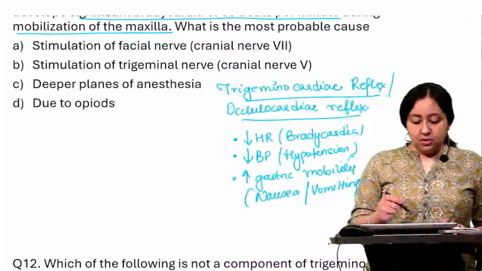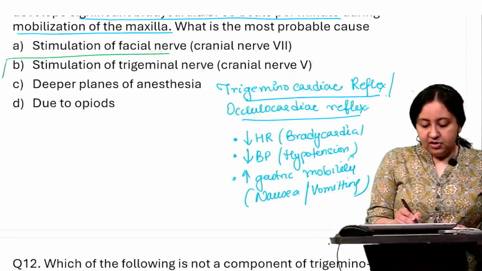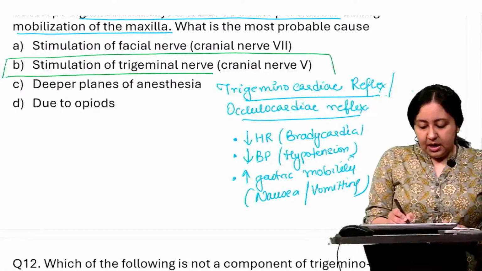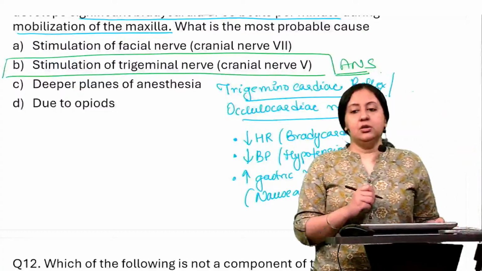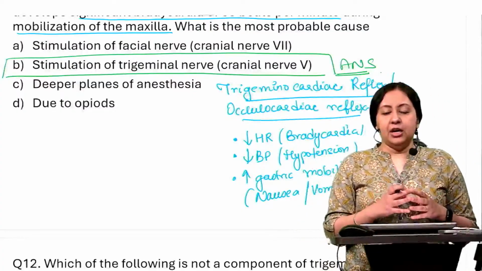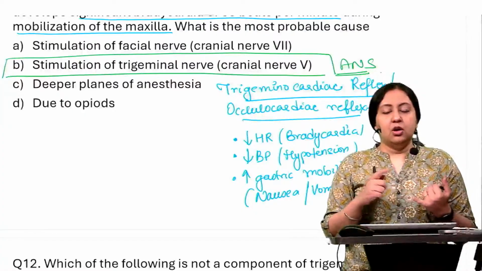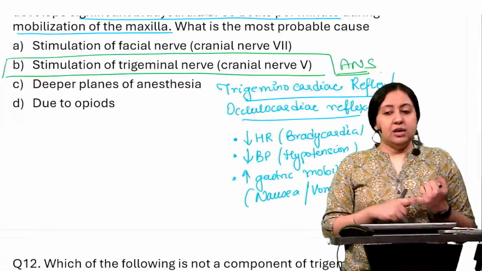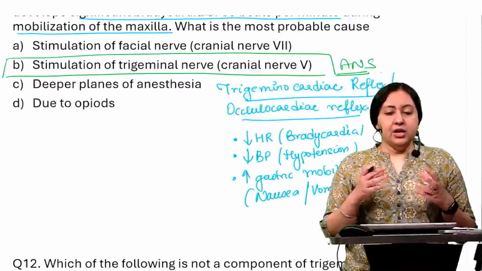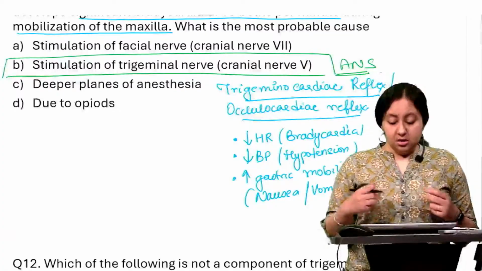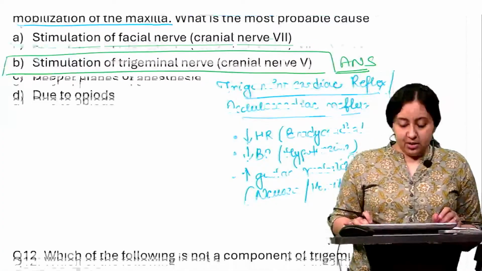So the answer to this question is stimulation of the trigeminal nerve. Whenever you are operating on an orbital floor fracture, on the maxilla, on TMJ ankylosis or TMJ surgeries, this reflex can be elicited and you can see these clinical features in the patient.